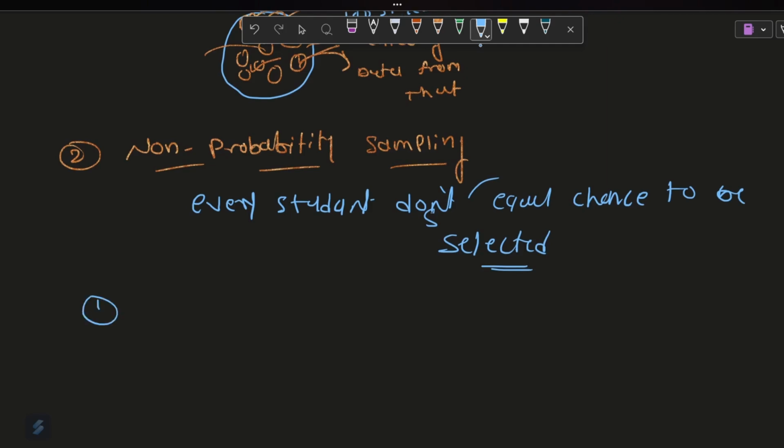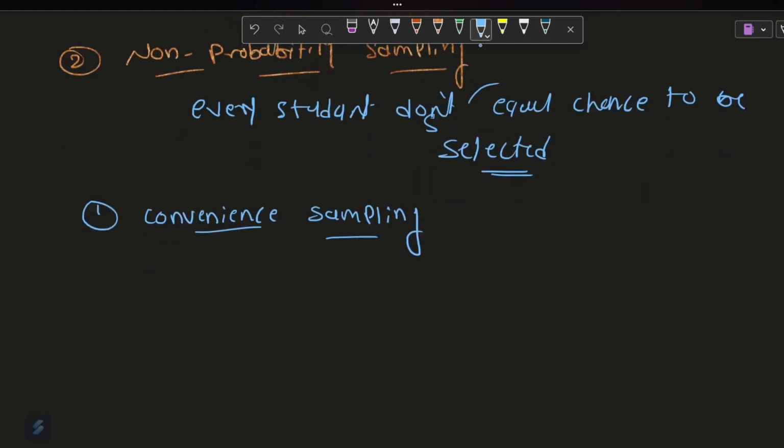So one is convenience sampling. Convenience sampling means, in a classroom there's a teacher, and there are big benches where students are sitting.